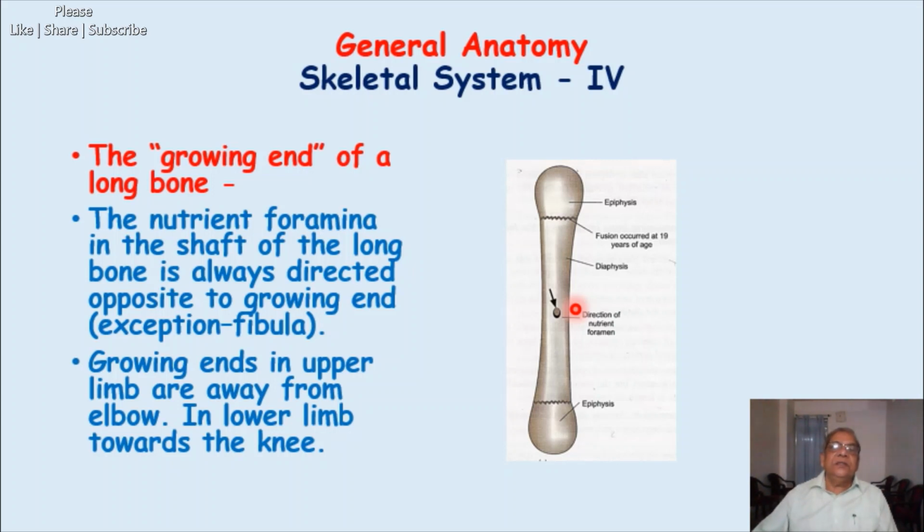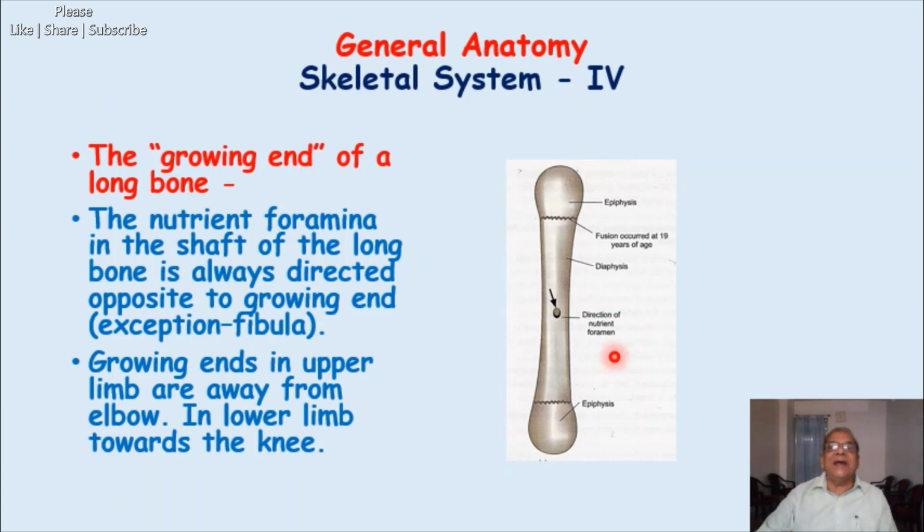Now here, the growing ends in the upper limb are away from the elbow. If you see the long bones of the upper limb and lower limb, there is another observation: the growing ends in the upper limb, that means humerus, radius and ulna, are away from the elbow. What does it mean?